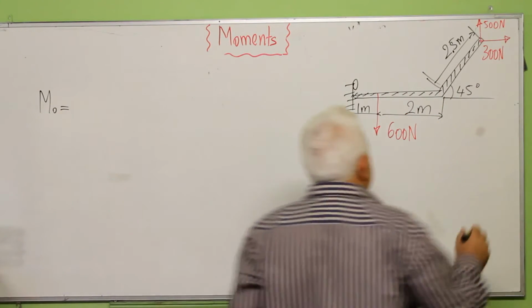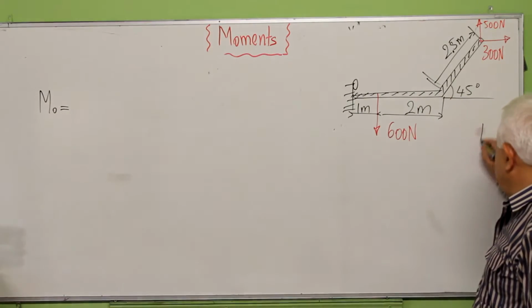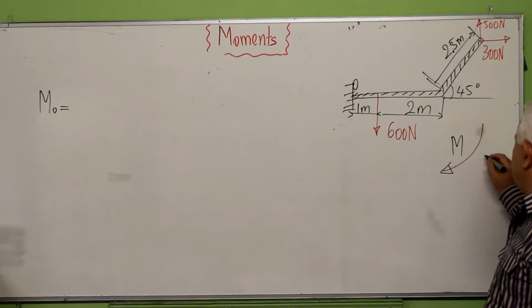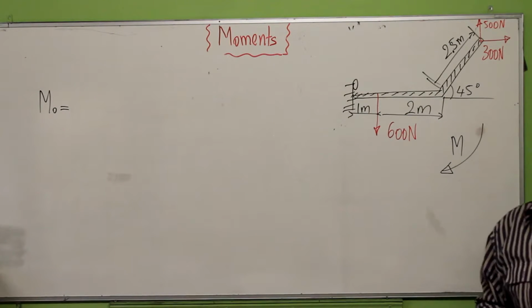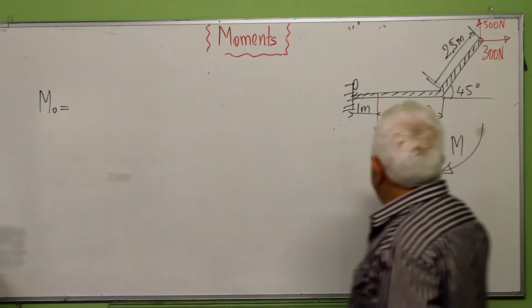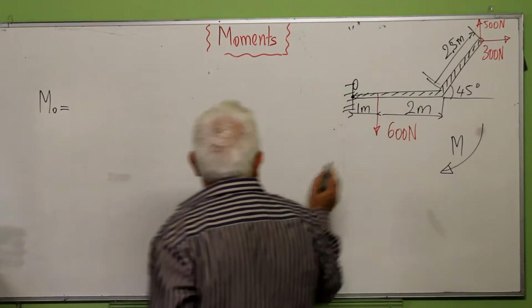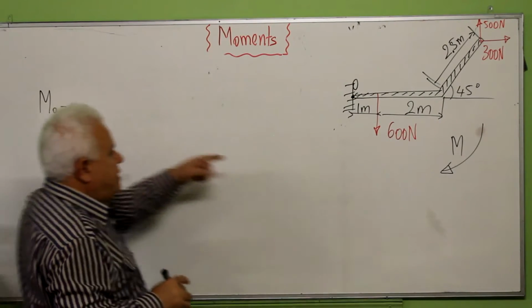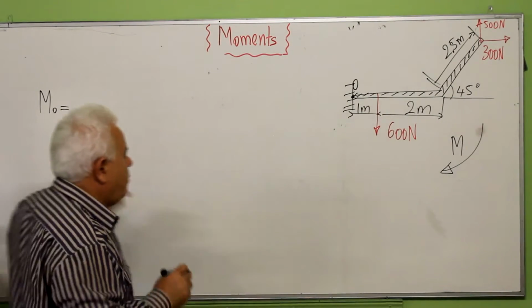So if I choose my orientation of the moment as clockwise, it's arbitrary, I can choose any direction. I can start with this one, for the first one it will be force times distance.